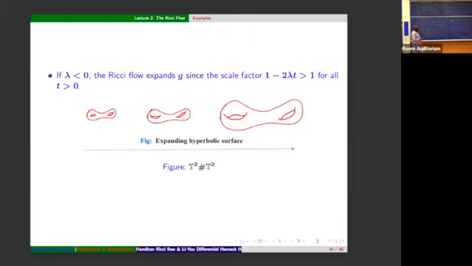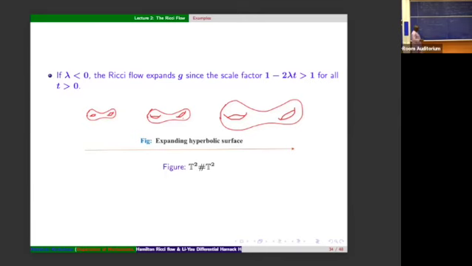It's a hyperbolic space with negative curvature. The curvature of this is going to be minus 1. In this case, it expands, and the diameter is going to infinity. The curvature is becoming small, and you have it this way, as you have on the board. So this is a Ricci flow on this.